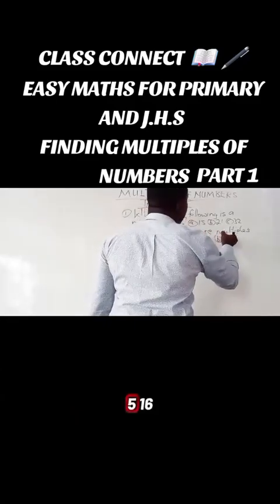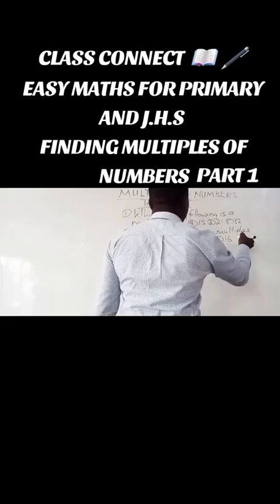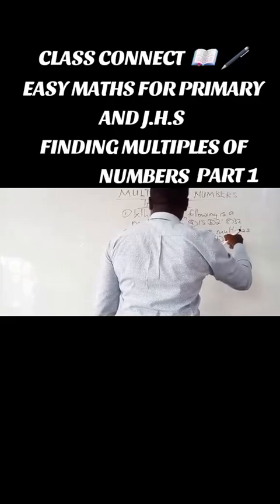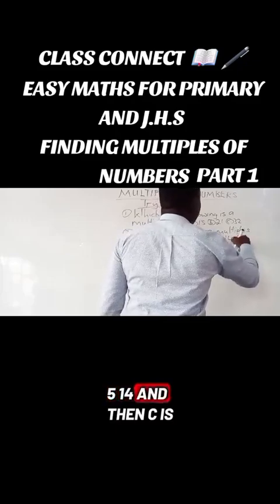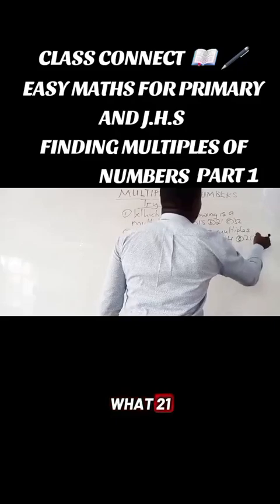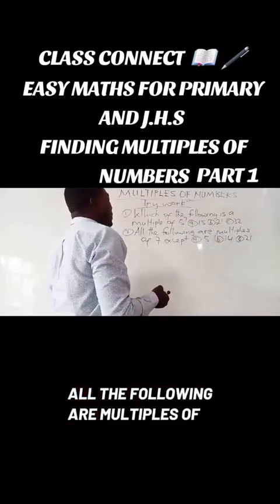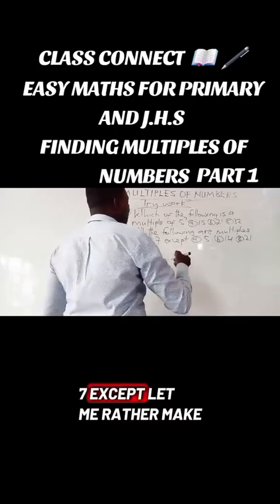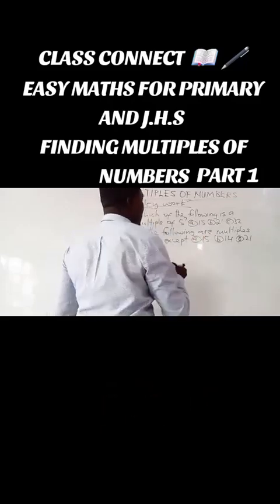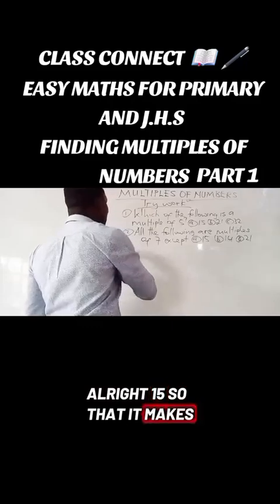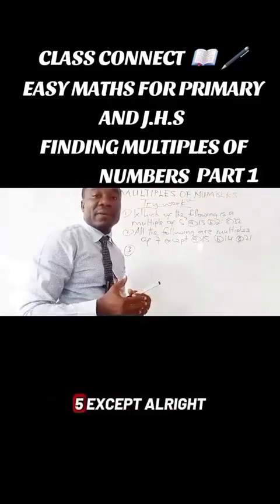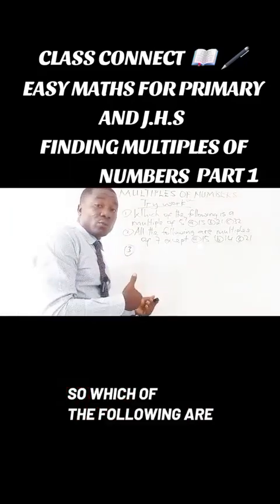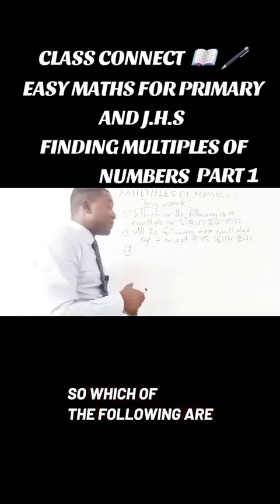A, 5, B, 14, and then C, 21. So let's rather make the first one 15. So that it makes sense. All the following are multiples of 7 except 15.